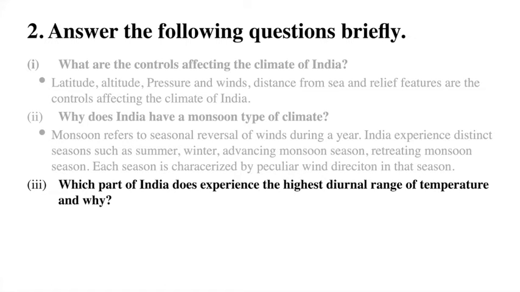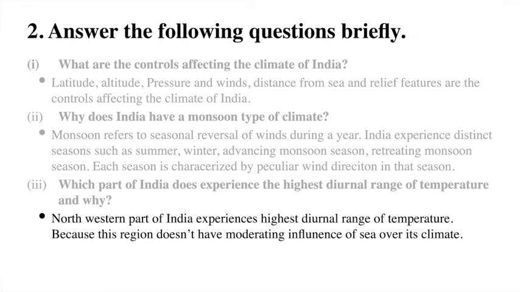That is called the diurnal range of temperature. That variation is highest if one goes from seashore to interior area. That is the principle we have to remember. If you apply this principle, the northwestern part of India experiences the highest diurnal range of temperature. Because this region doesn't have the moderating influence of sea over its climate, it experiences the highest variation in diurnal range of temperatures.